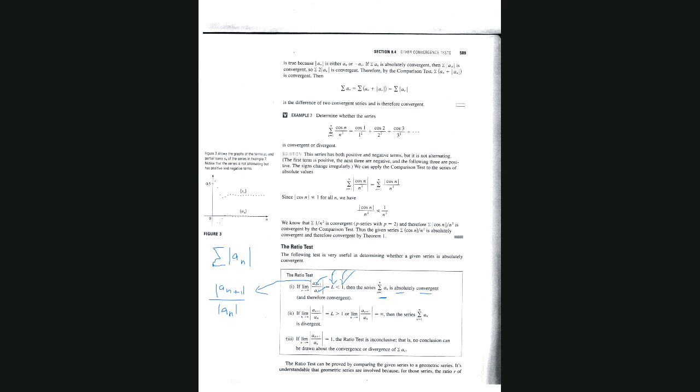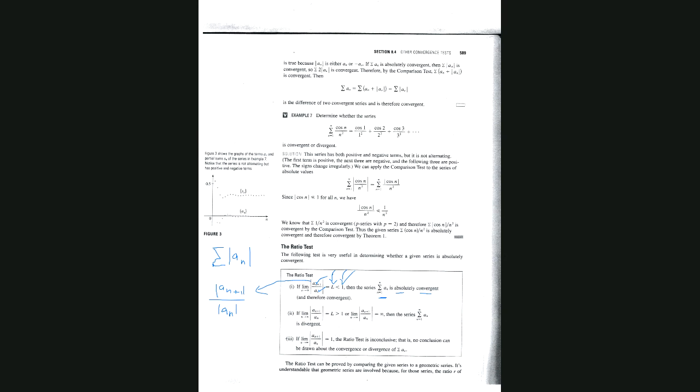The word I'm looking for begins with an R. That's right, Robin. You're computing a ratio. This L is a ratio. And if the ratio is less than 1, under what conditions does the series converge absolutely?